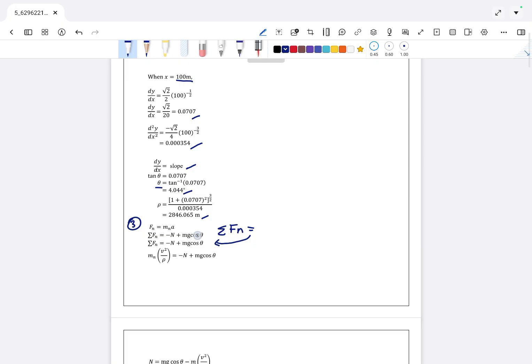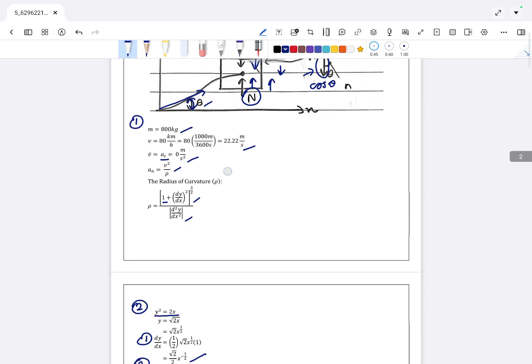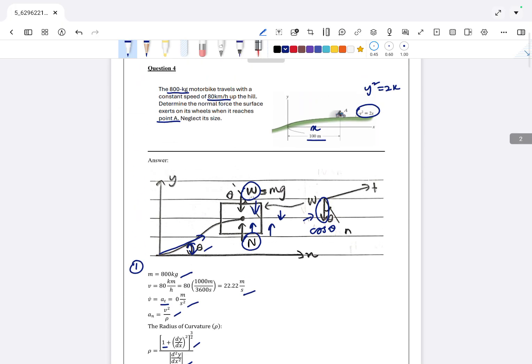This mg cos theta is equal to the weight. We use cos theta because we need to find this component, w here. That's why we use mg cos theta.